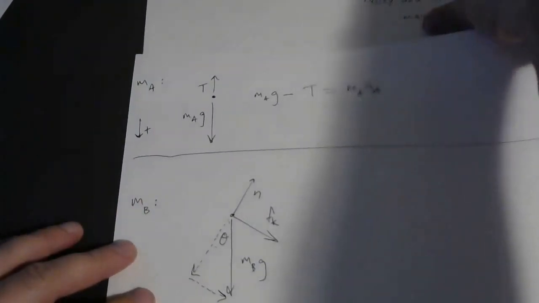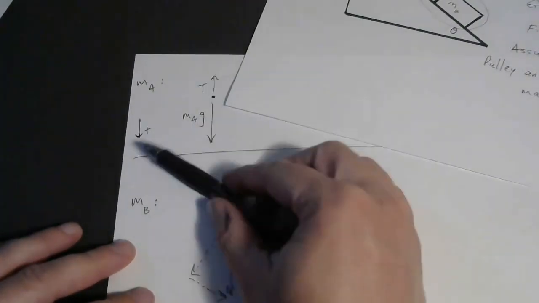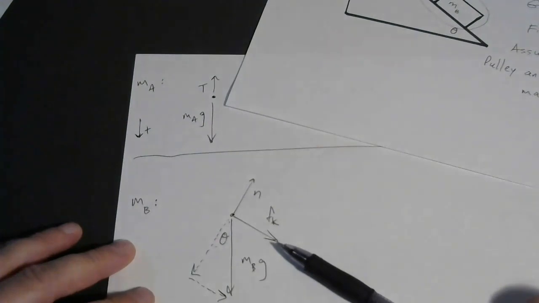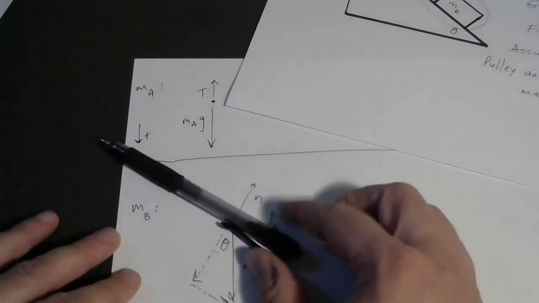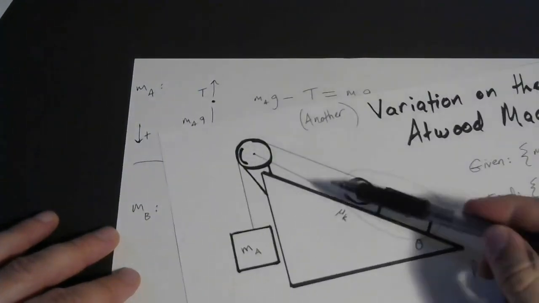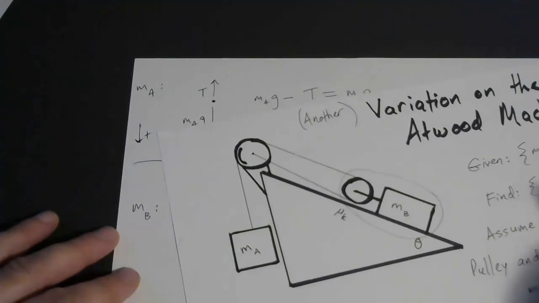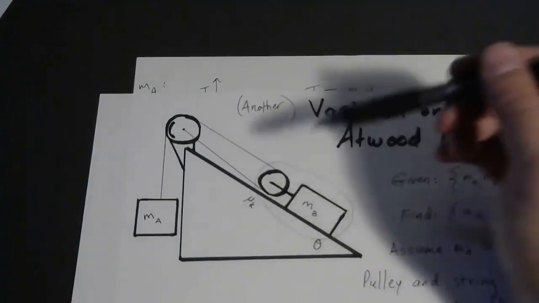Anything else? Well, if these were the only forces on mass B, wouldn't mass B be accelerating down the ramp? We know it's accelerating, or I'm assuming that it's accelerating up the ramp. And that would be the tension that's producing that acceleration, along with the other forces. And this is the first time you've seen this.